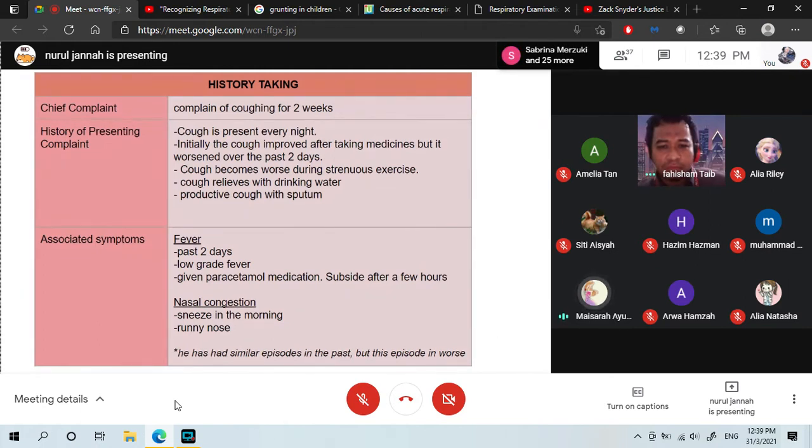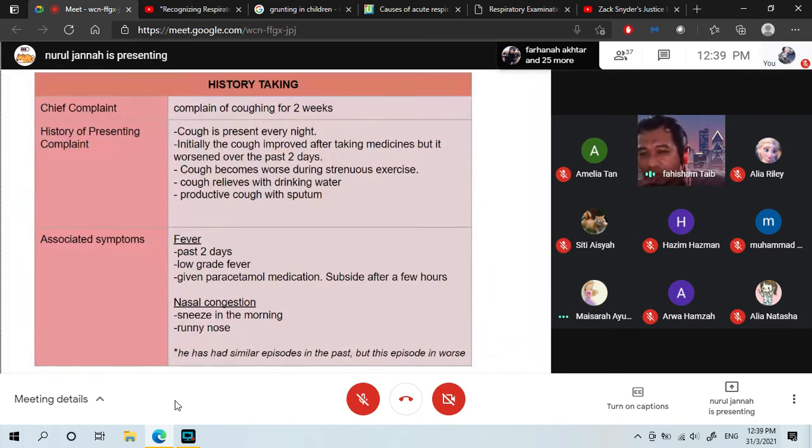The cough is present every night. Anything else? He sneezes in the morning. Okay, that's a different thing. Anything else? The cough becomes worse during strenuous exercise. Okay, strenuous exercise. Anything else? When he took the medicine, it improved initially.